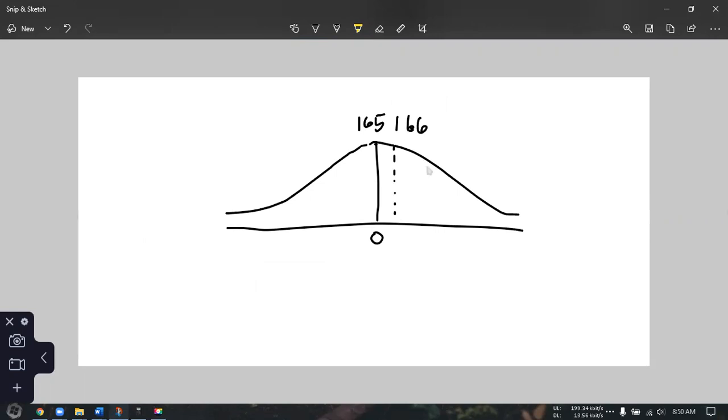And then what's the other one? 172 somewhere here. The area is of x greater than 166, less than 172. Shading again. Area between 166 and 172.